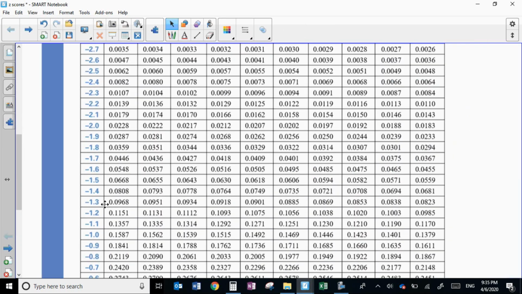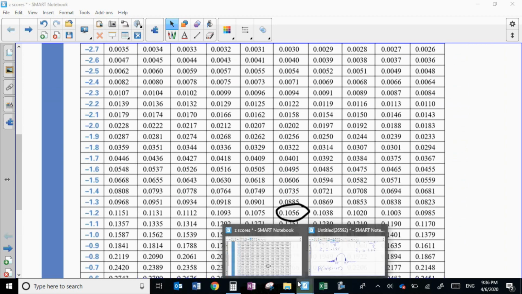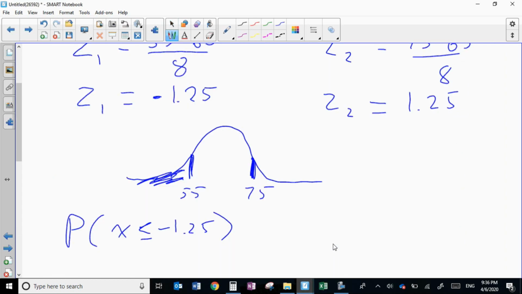So negative 1.2, and then 0.05, 0.1056 right there is our first one. That's not a surprise that only about 10.5% of dogs would weigh less than 55 pounds.